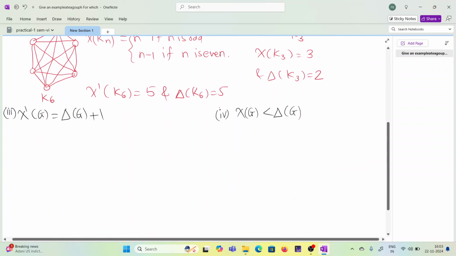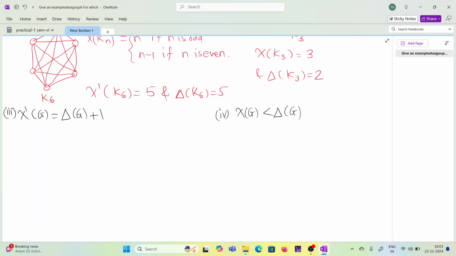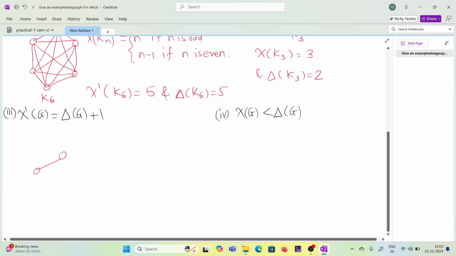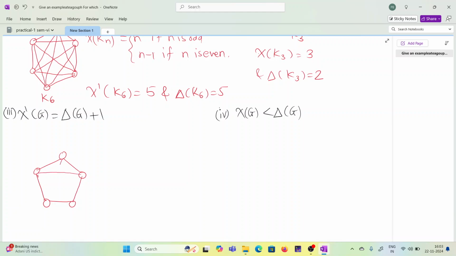Now to draw a graph for which chi dash of G is equal to delta G plus 1, I am drawing the graph K5. What will be the edge chromatic number of K5? We have just seen that the edge chromatic number of Kn is n if n is odd and n minus 1 if n is even.